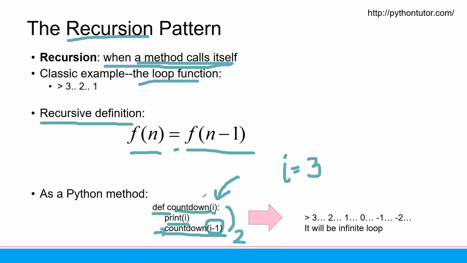It will go to this function, countdown 2, print 2, and then countdown with i minus 1, so it will be 1. So 3, 2, 1, and then it goes down by 1, by 1, by 1, by 1. It will be an infinite loop.